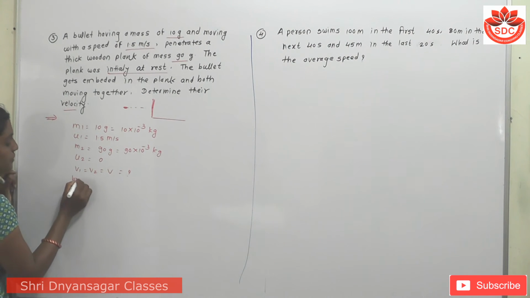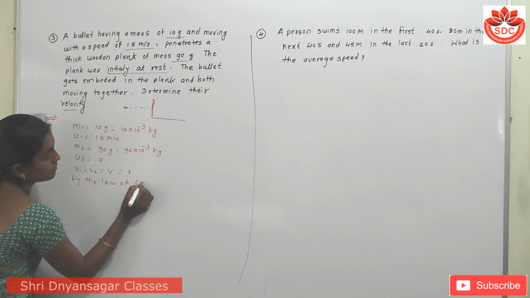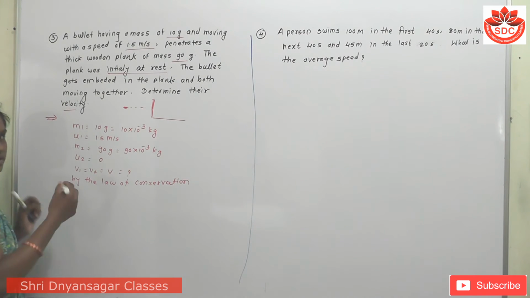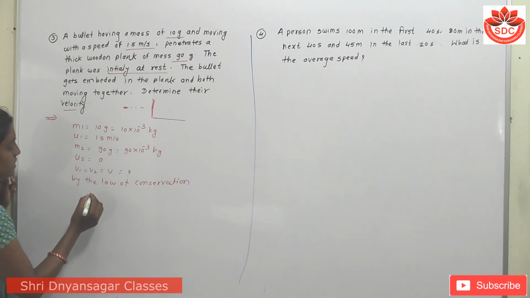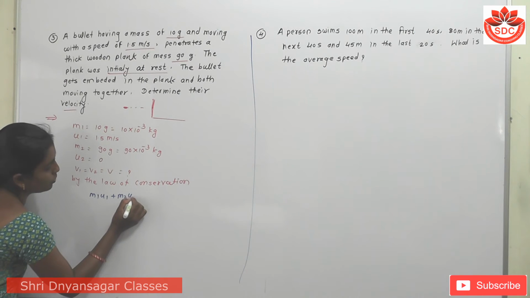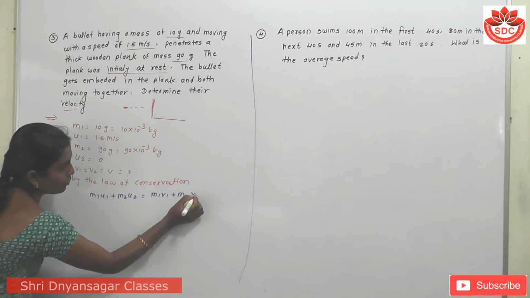Now by the law of conservation, the initial momentum is equal to the final momentum. So we write m1 u1 plus m2 u2 is equal to m1 v1 plus m2 v2.